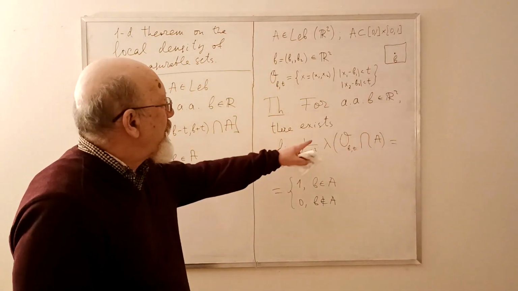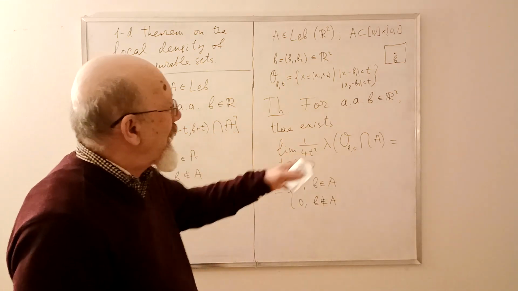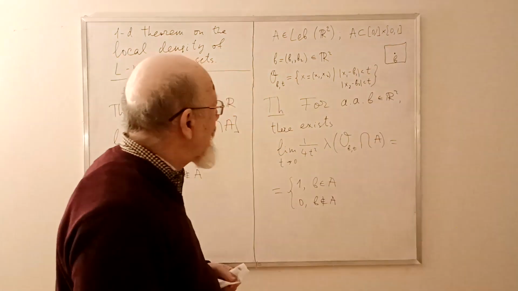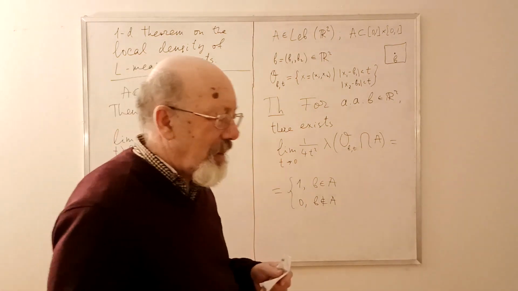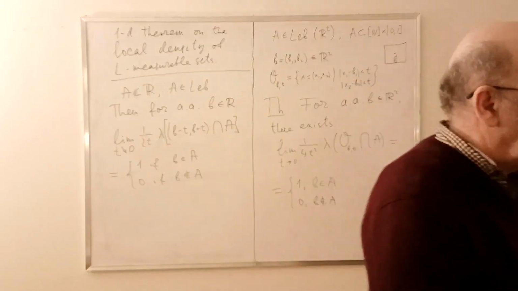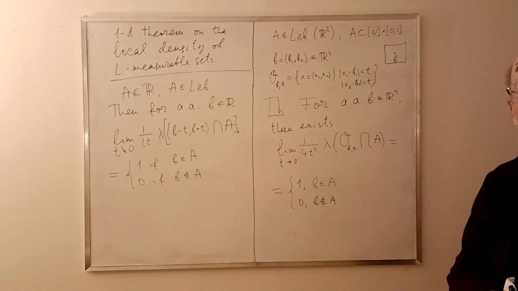What is in the denominator is the area of this square. This is called the Lebesgue density theorem.